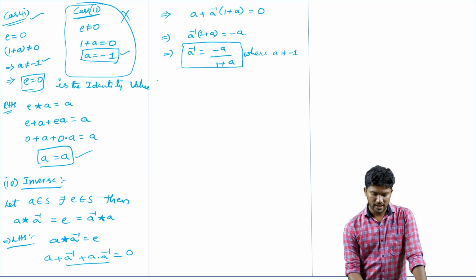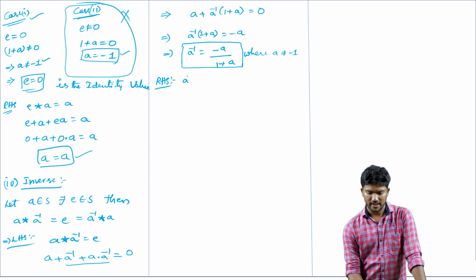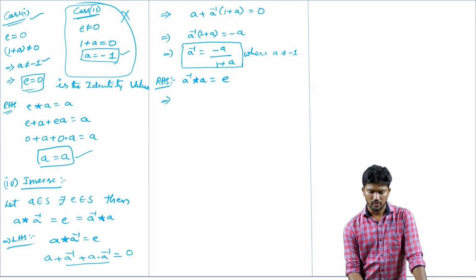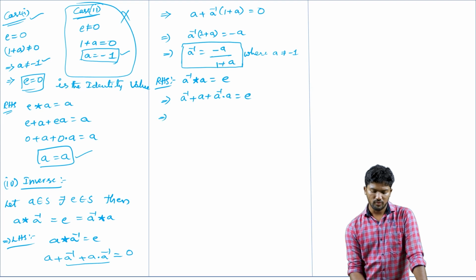Now take the RHS of this fourth condition: a inverse star a is equal to e. In this RHS you have to substitute the inverse value to get the identity value. In place of a we have a inverse, in place of b we have a, and in place of a·b we have the product. So what is the a inverse value?